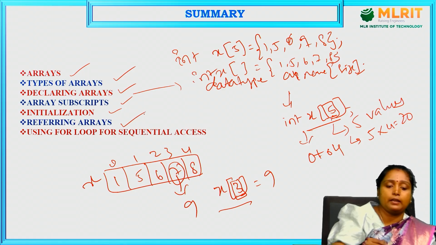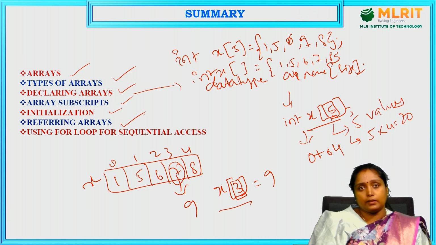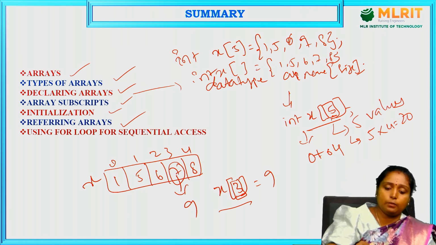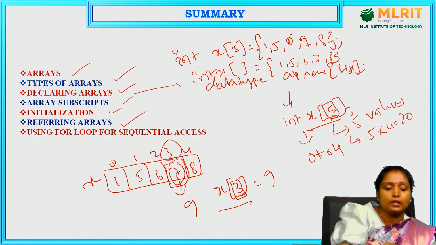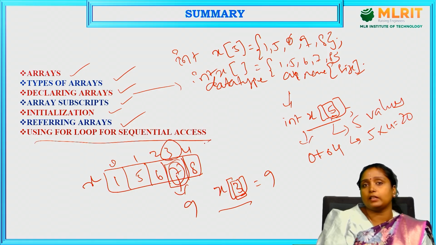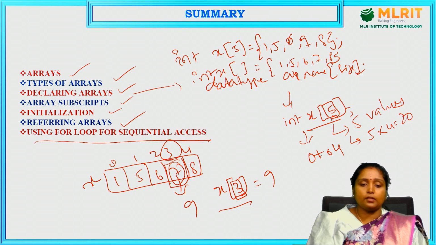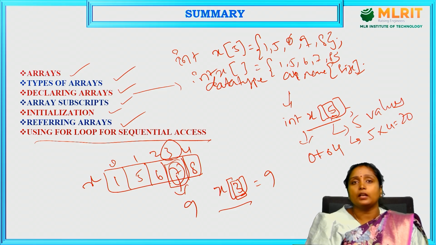Coming to referring arrays, we can refer to arrays by using index values. And next, using for loop for sequential access, we have seen a lot of programs. So this is all about single dimensional arrays that we have seen in this session.